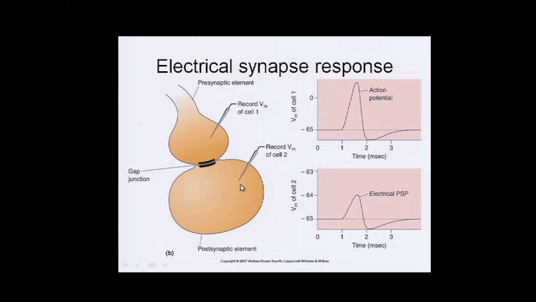But in the second cell, not all of that potential passes through, so you only get a little bit of a change. Here it's a depolarization of about 1. And this is called an electrical potential, EPSP. And remember, it's a lot smaller, but it follows the same general shape.